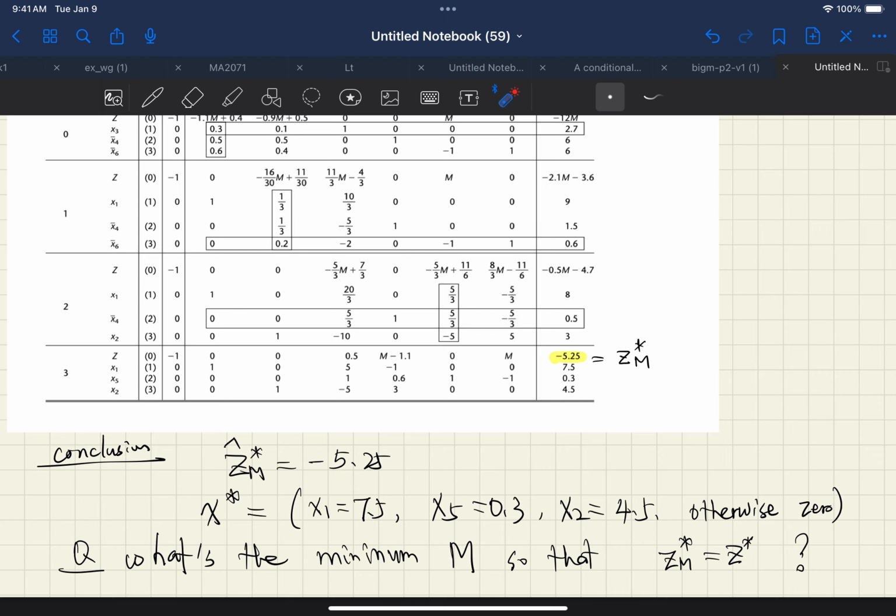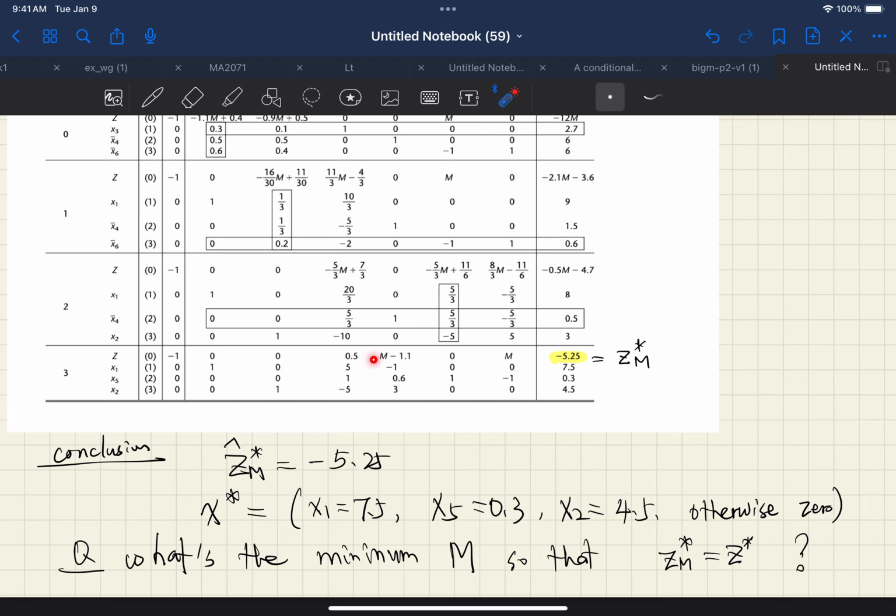What we need to do is observe the last tableau and see this one. The last tableau stops because everything is a positive number. But why is this positive? Because M is big enough. How big?